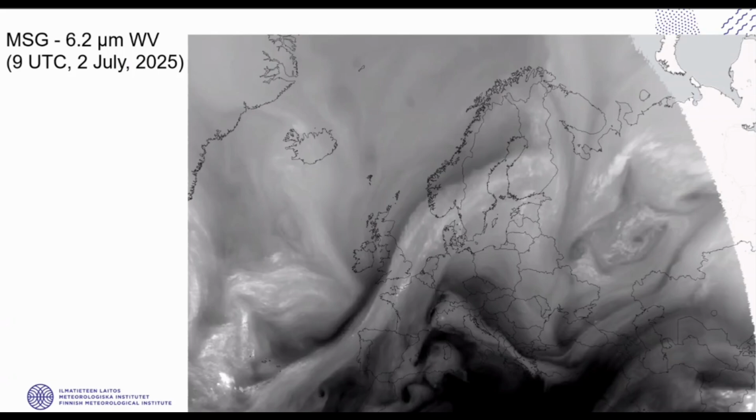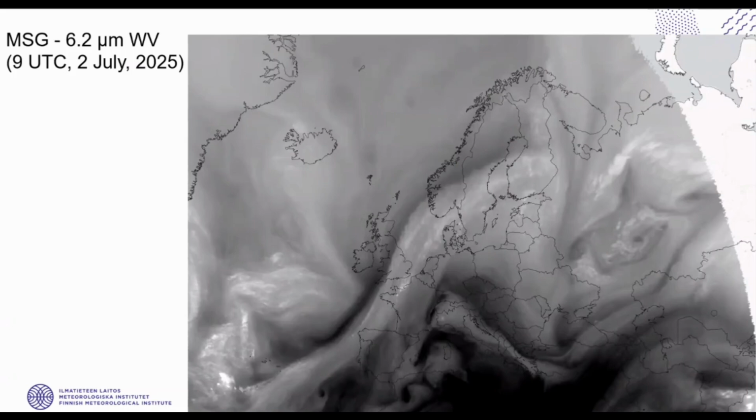So we have the frontal system reaching from basically up here in the north, Finland and Scandinavia, and then towards Britain and the western part of France. And you can also see the jet here, and it looks like we have a trough behind on the western part of the frontal band.